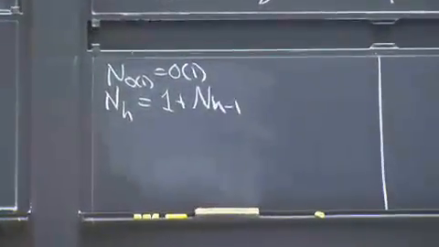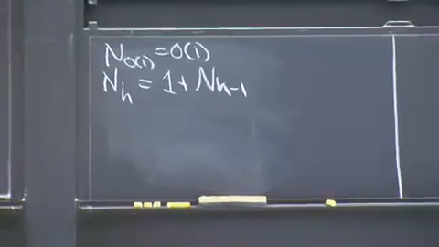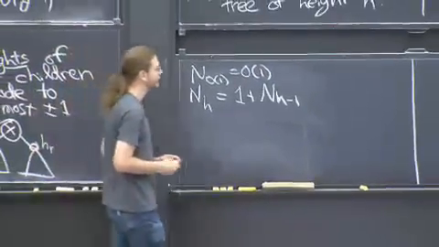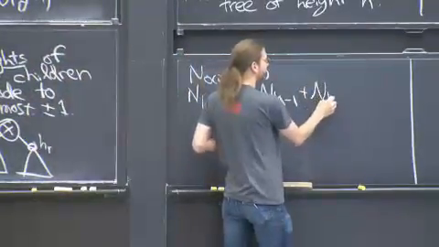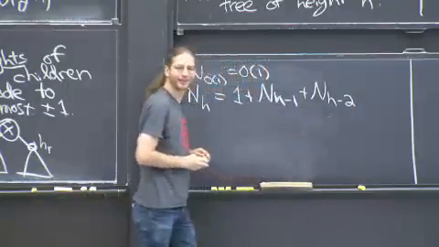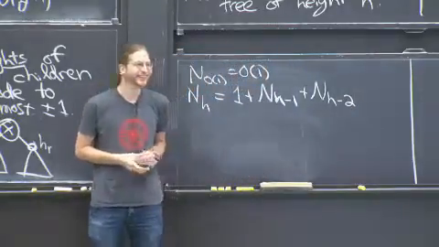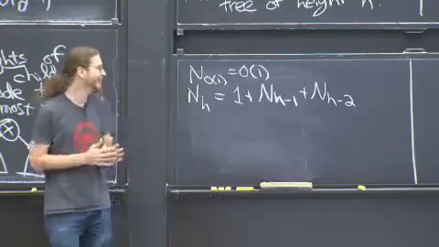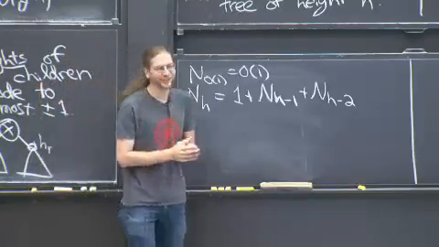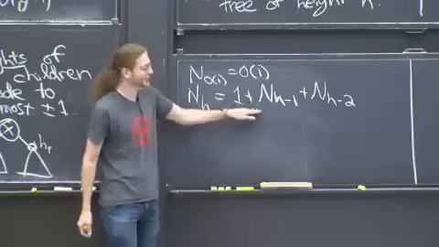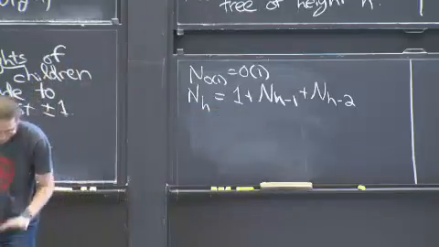Not quite. Yeah? n sub h minus 1 plus n sub h minus 2. Do you want the 1 plus? You do. So it's a collaboration. To combine your two answers, this should be the correct formula. Let me double check. Yes.